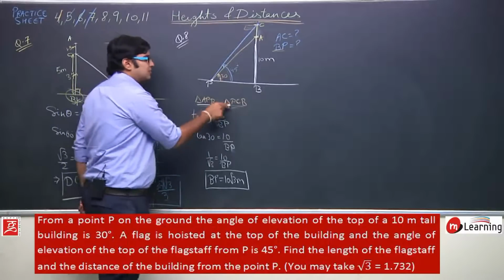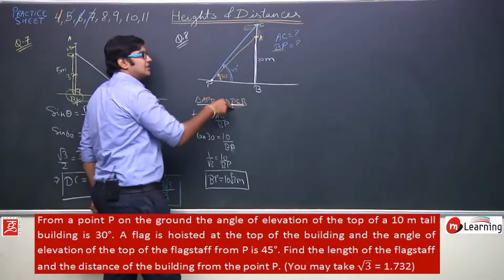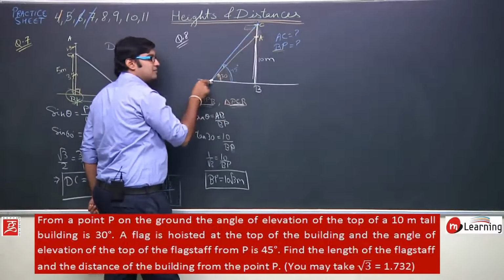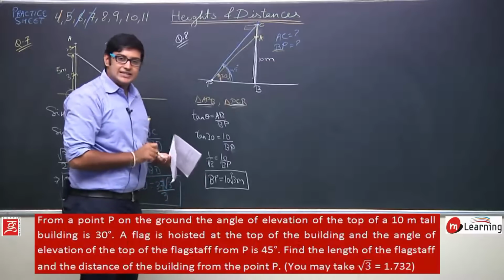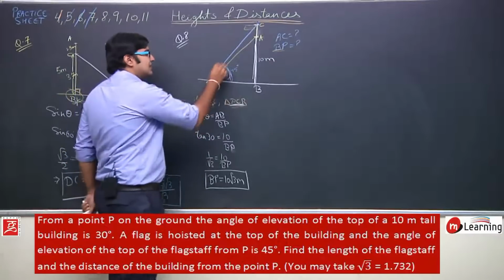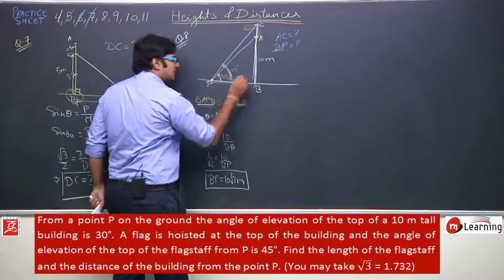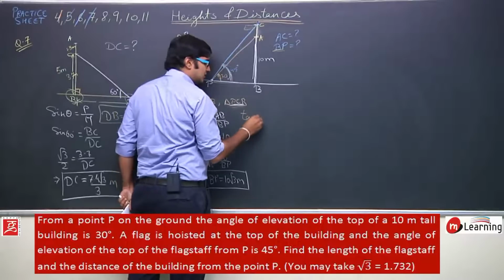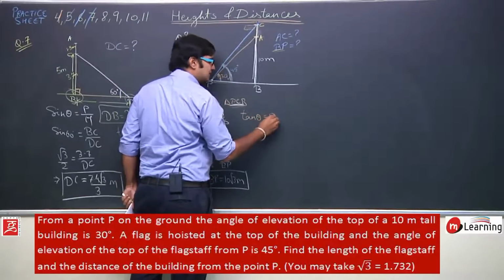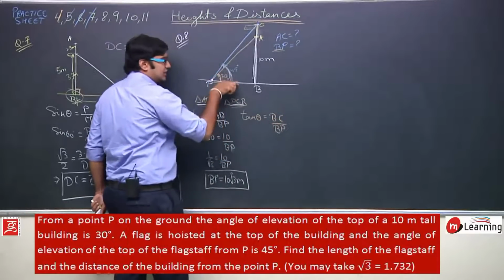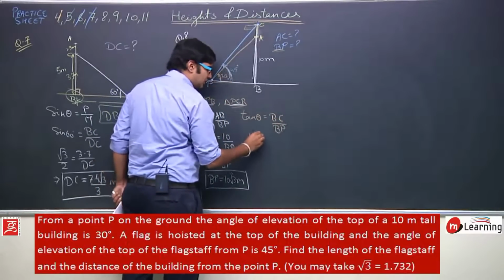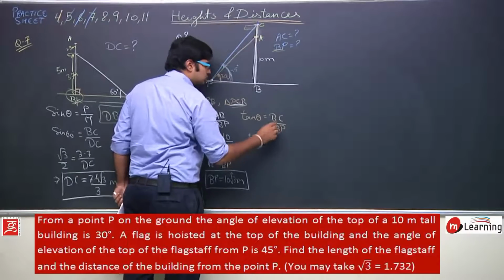So with respect to this triangle PCB, I can relate this angle with the perpendicular and base. That is again tan theta, which is perpendicular BC upon base BP. Now theta is 45 degrees, so tan 45 is equal to BC upon BP.